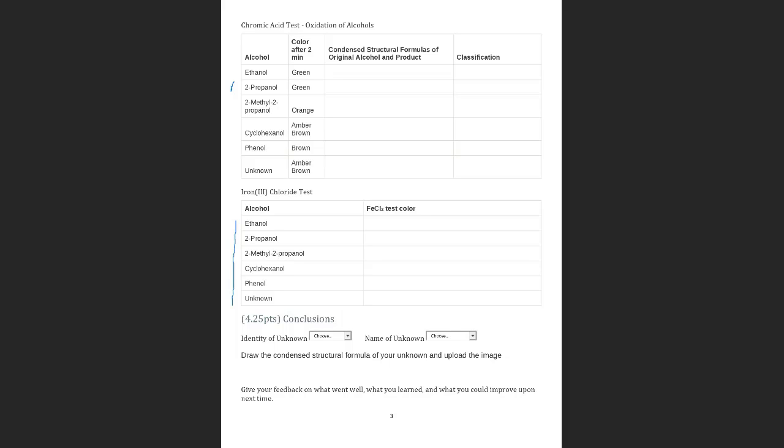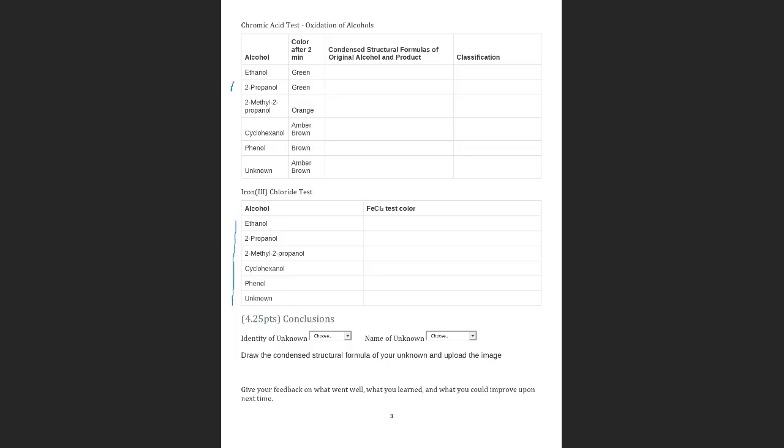Before we go, I want to ask a few questions to make sure the main points are understood. For example, how do you know if you have a phenol or an alcohol?